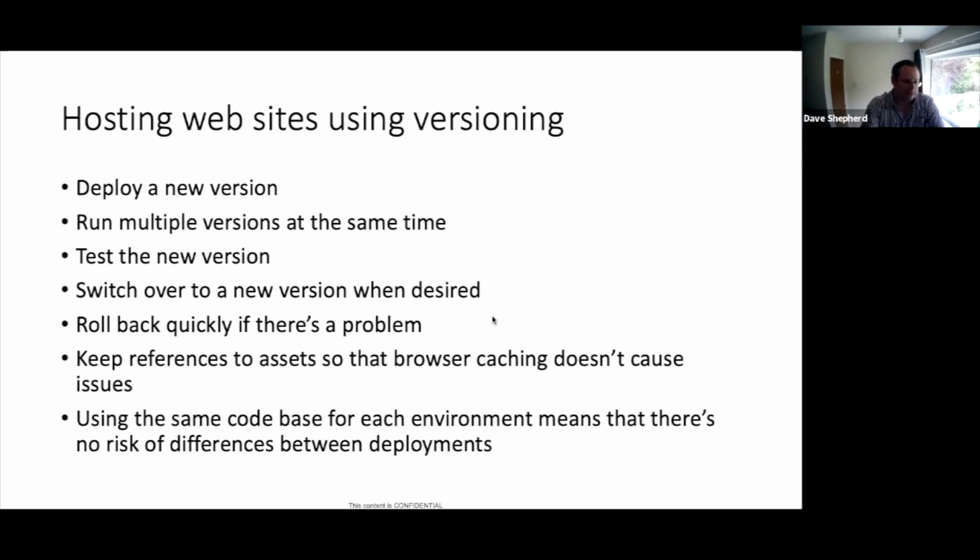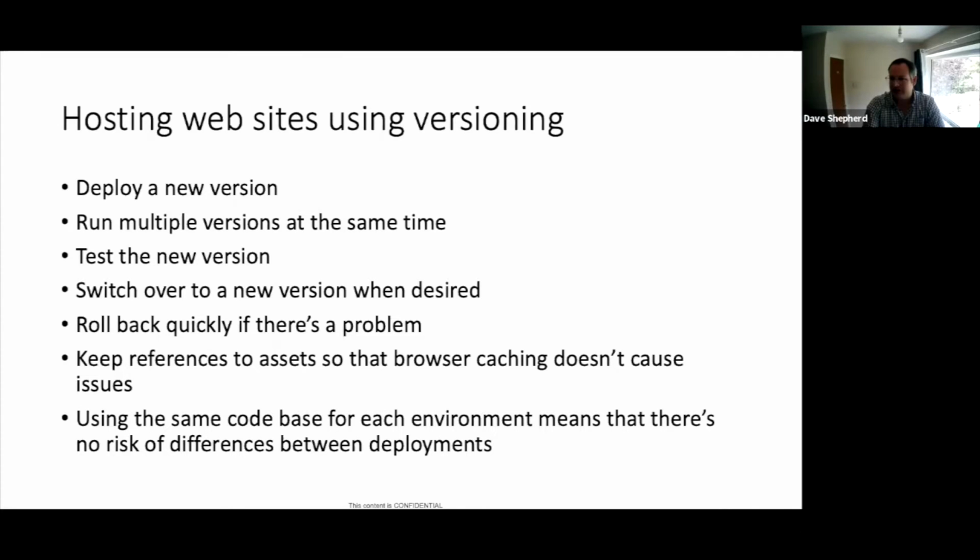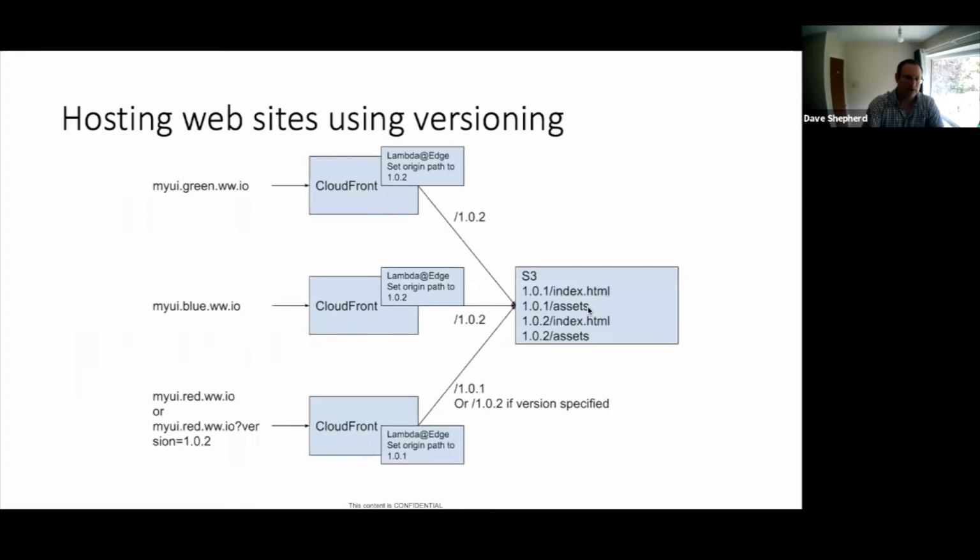And then the last bit is trying to use the same code base for each environment, so we don't have to have different packages or different deployments of our websites at deployment time. And when I say websites, I'm talking about our UIs, our front ends, not just a static website. So in theory, something like FactFind UI could be deployed in this way.